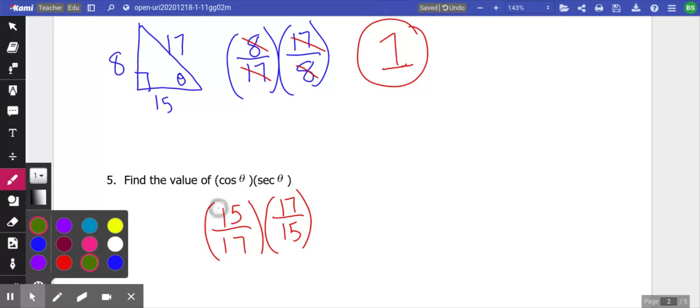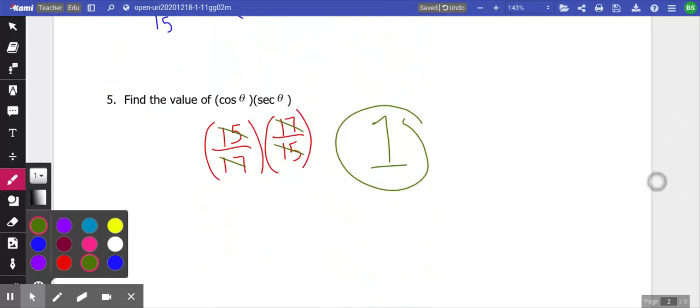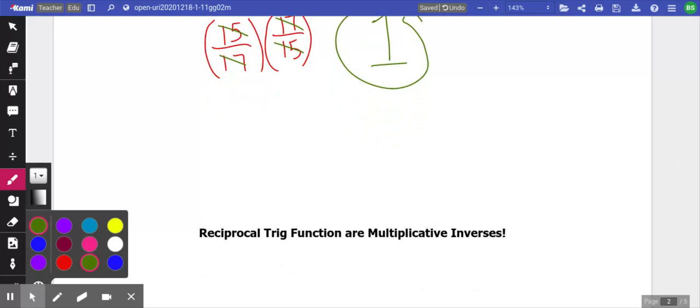And again, the 15s cancel out and the 17s cancel out. So we are just left with 1. It's not a coincidence. When you multiply a function by its reciprocal, you'll get 1 because they are multiplicative inverses of each other.